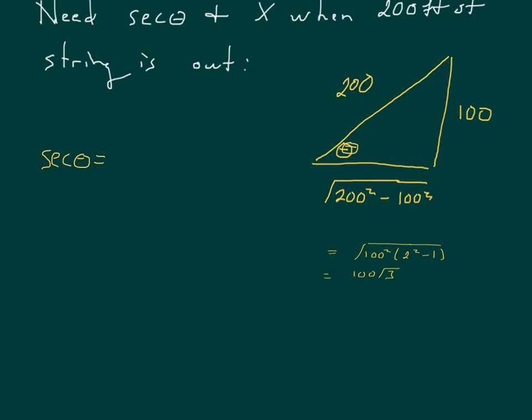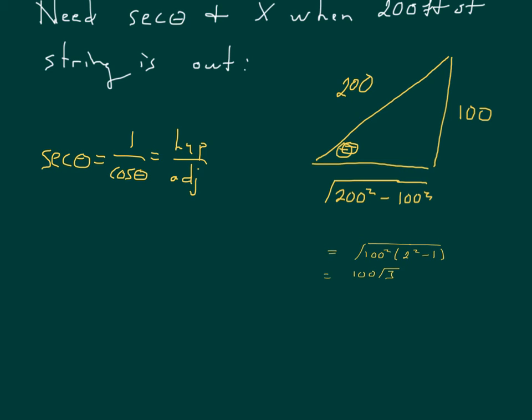Secant theta is equal to, well, it's 1 over cosine of theta. And cosine theta is equal to adjacent over hypotenuse. So we have 1 over adjacent over hypotenuse. That's hypotenuse over adjacent, which is to say the hypotenuse is 200 over the adjacent, which is 100 over root 3.